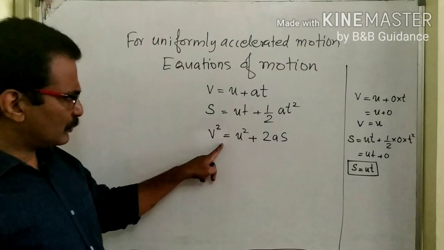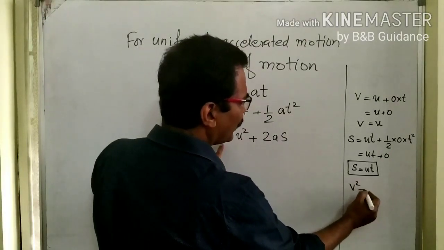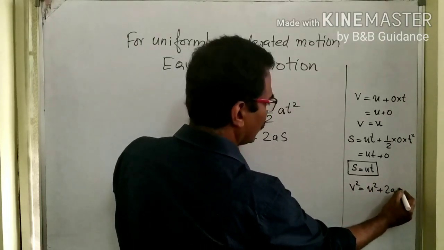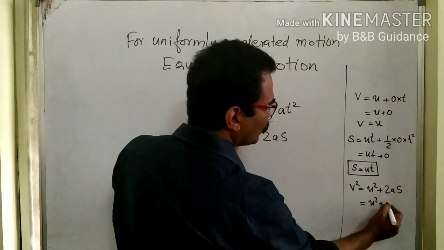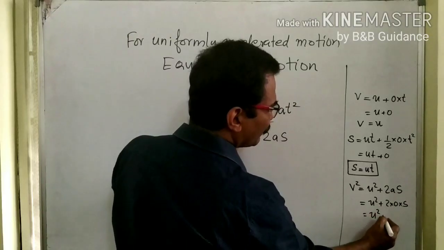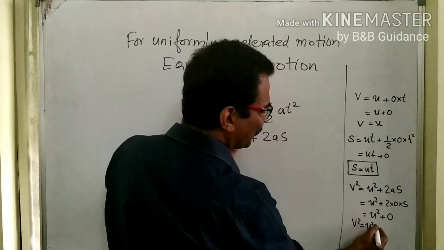This one also, the same I can write if you want. Then V squared is equal to U squared plus 2A. That means U squared plus 2 into 0 into S, that means U squared plus 0. That is V squared is equal to U squared.